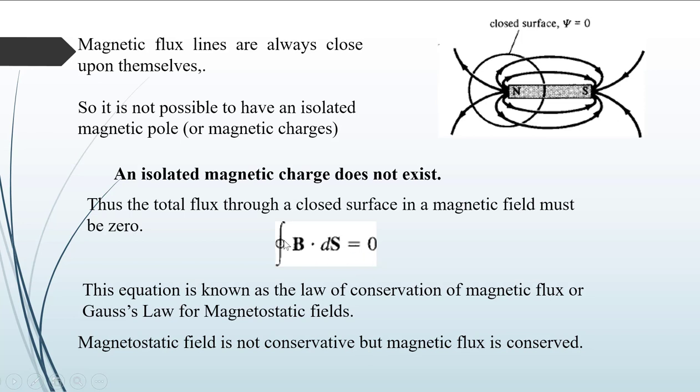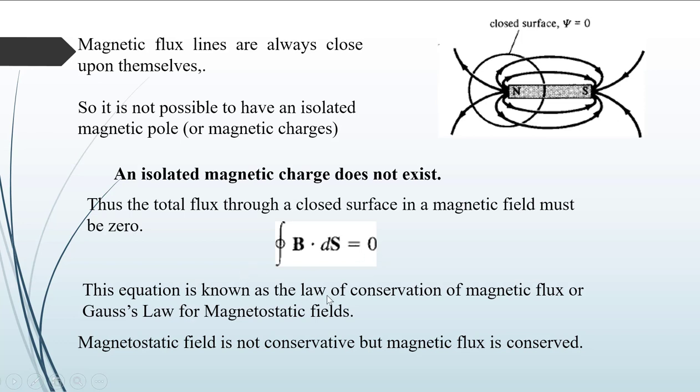If the surface is open, then we can have some value of flux. But if the surface is closed from all directions, it becomes a closed volume, and for that volume the total flux enclosed will be 0.